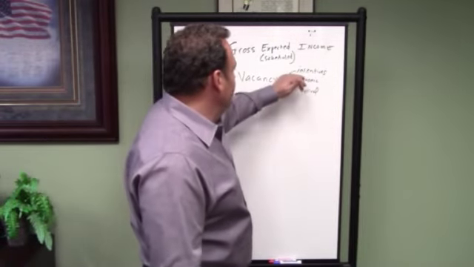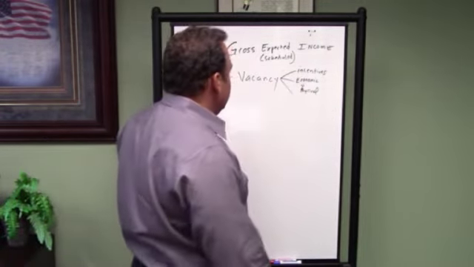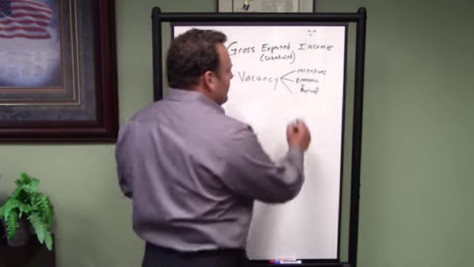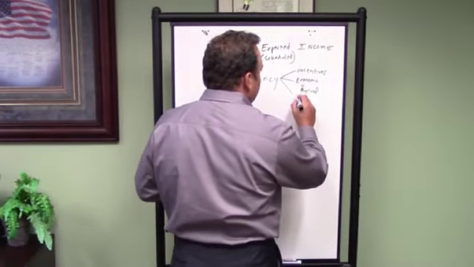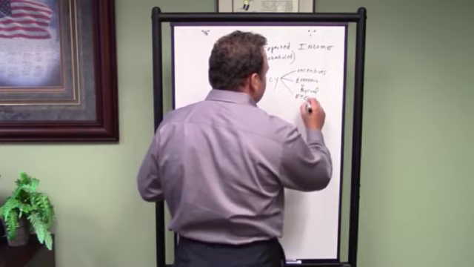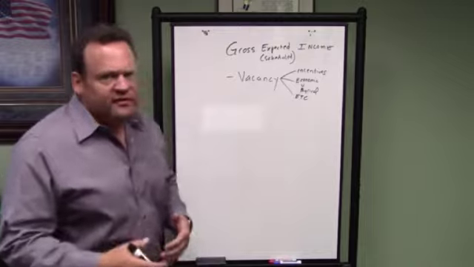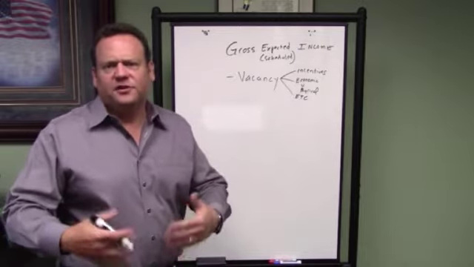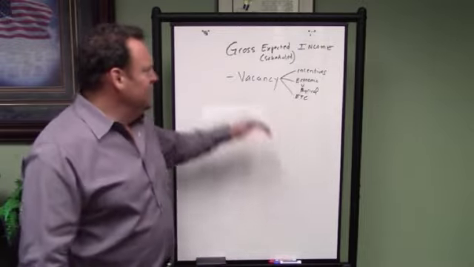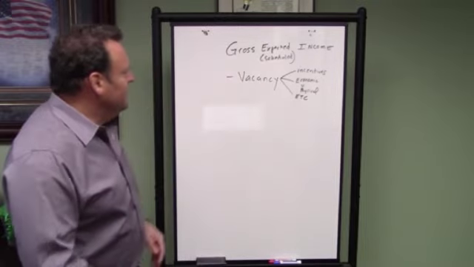So incentives would be under vacancy, and some other et ceteras like discounts or, I can't think of too many off the top of my head, but some sort of something or benefit that you're giving that's costing you a vacancy factor. Okay.